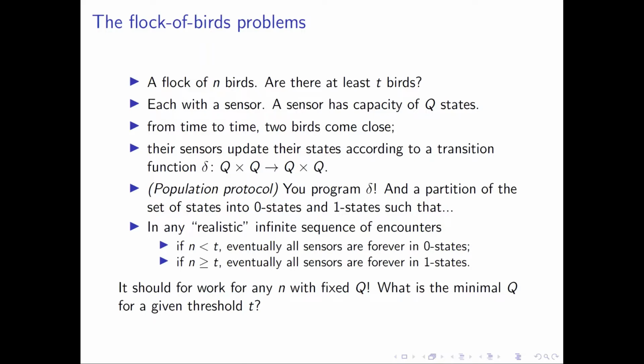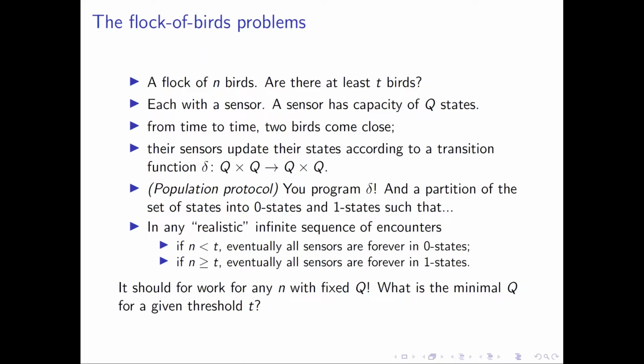It just takes a pair of states of two sensors before the encounter and outputs a pair of their states after the encounter. And your task is to program delta, right?